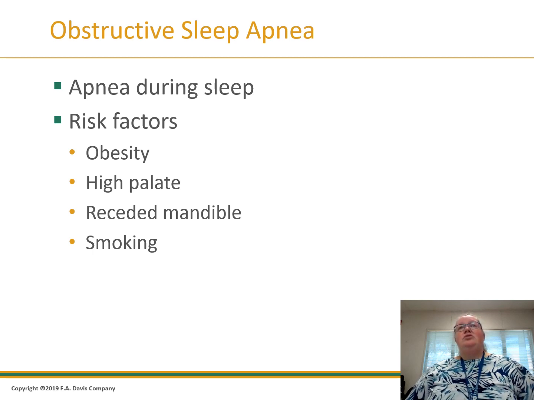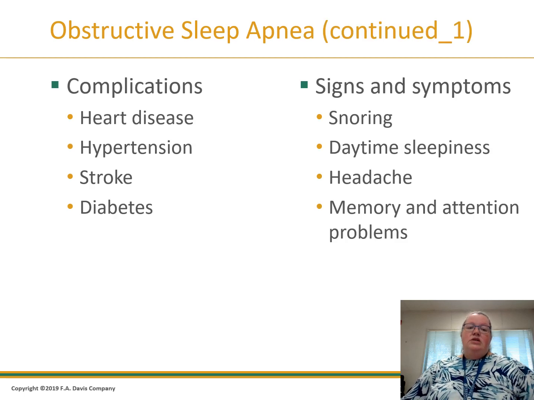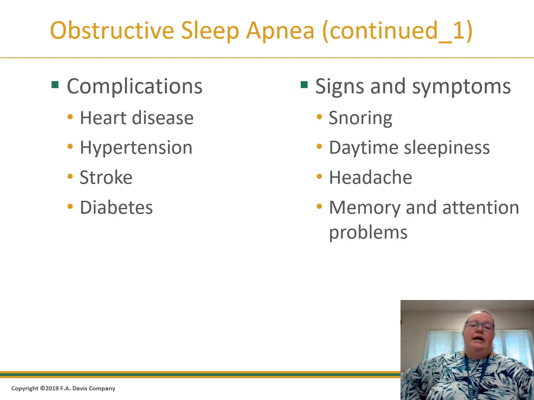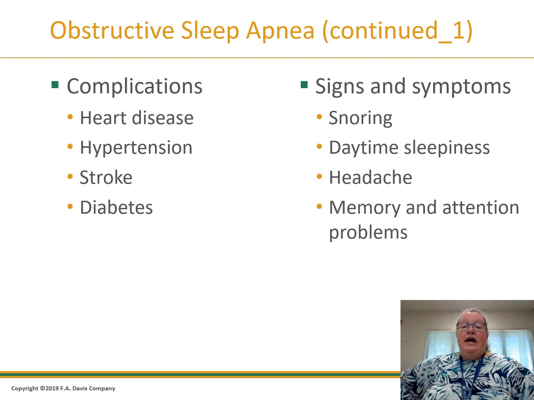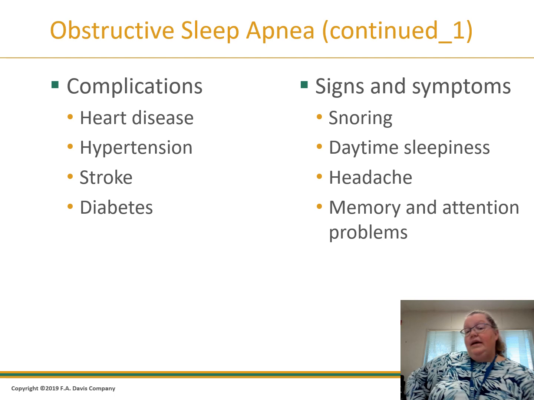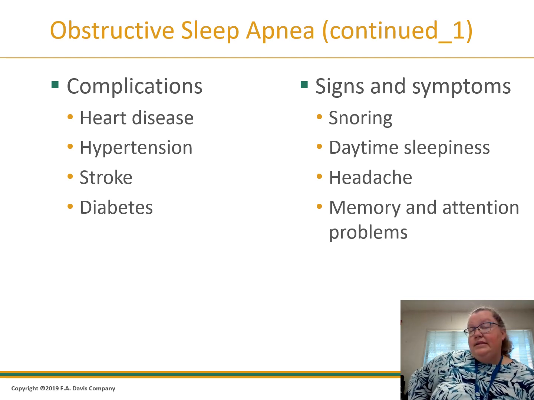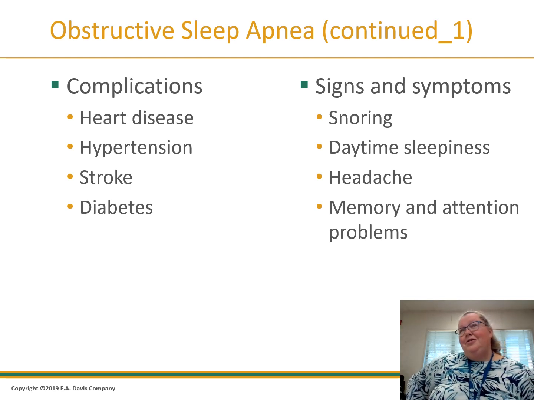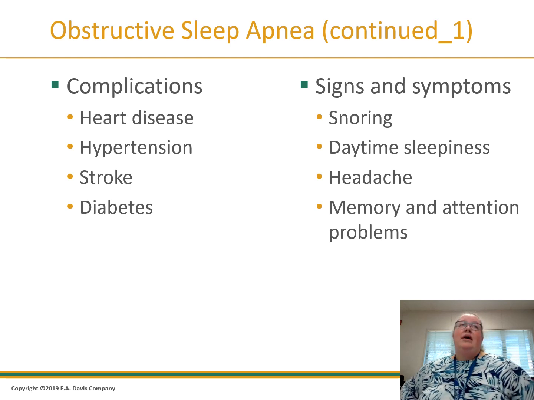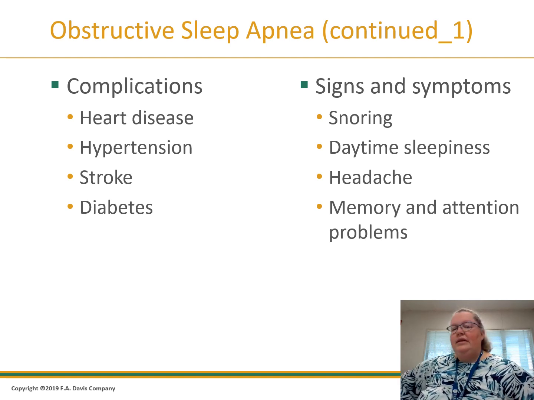The older we get too, the more our muscles kind of relax and can become a danger. So complications for this could be heart disease, hypertension, stroke, diabetes. One of the major signs again is snoring, daytime sleepiness, because when you can't breathe when you sleep, you have a tendency to wake up multiple times during the night. Headache, memory and attention problems, just like lack of sleep will cause.